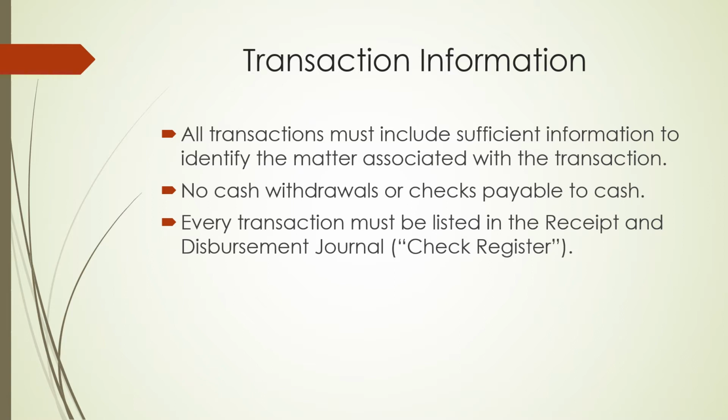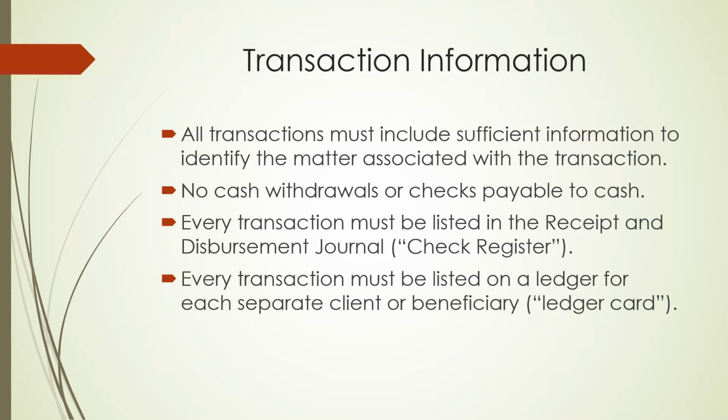Every transaction in the IOLTA account must be listed in the Receipt and Disbursement Journal, or in plain English, the check register. The Receipt and Disbursement Journal is a list of every transaction in and out of the IOLTA account. Every transaction must also be listed on the client or matter ledger card associated with that transaction.